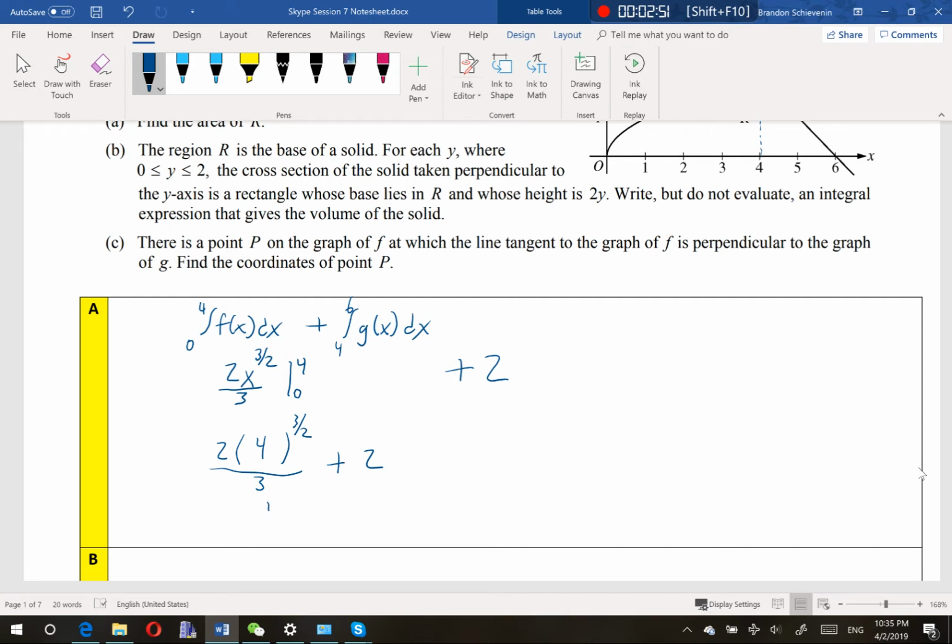So I've got 16 over 3 plus, converting this to 6 over 3, which gives us 22 over 3 for our total area.